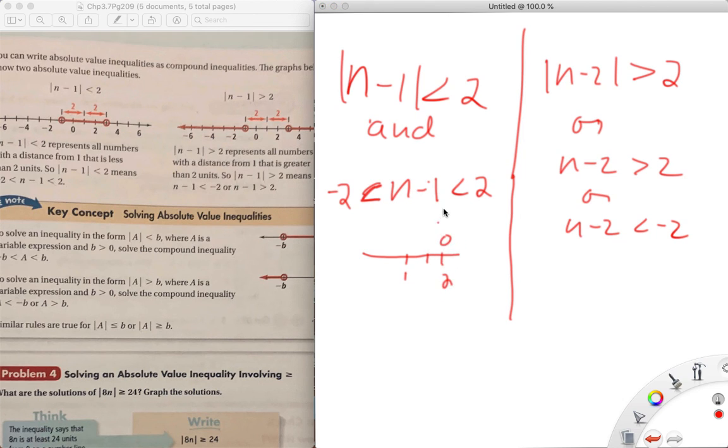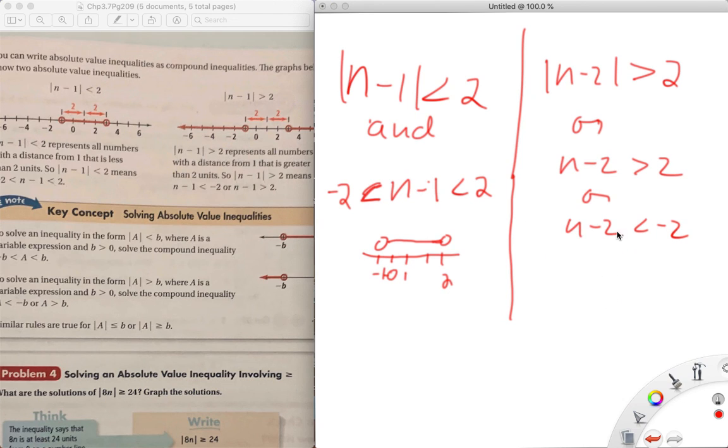And since it's less than, it's going to go this way, and I would go 2 to the left, so 1, 2. Right here, this is an open circle, and then these would go together.